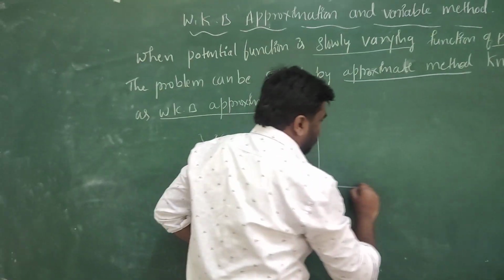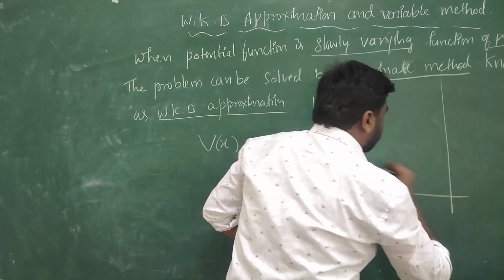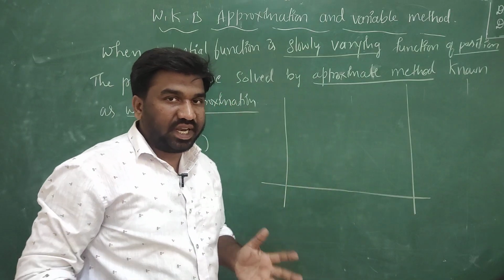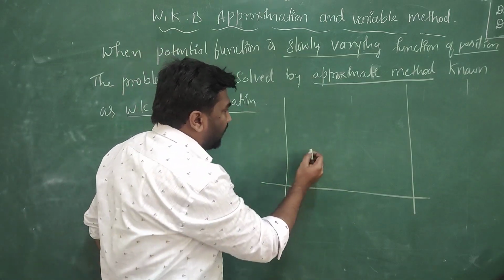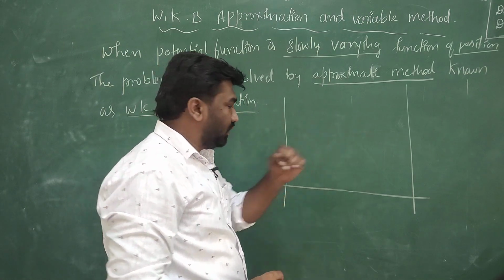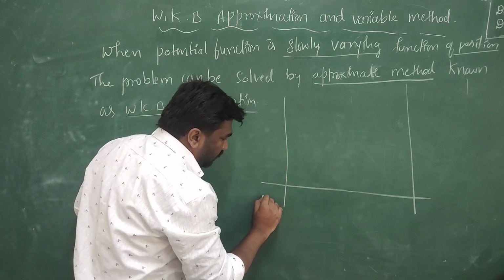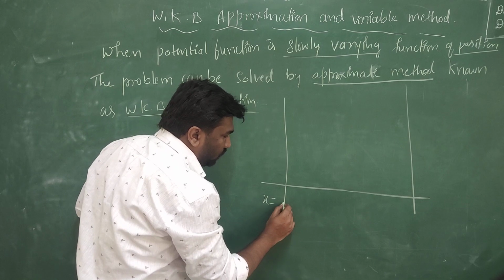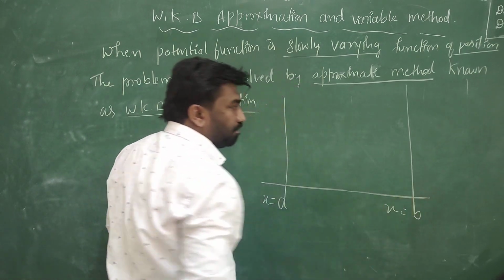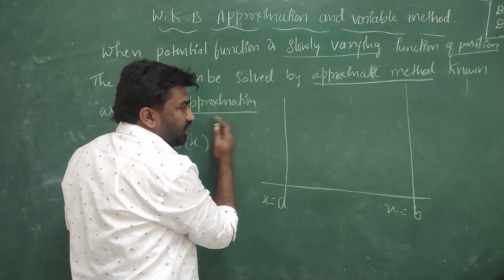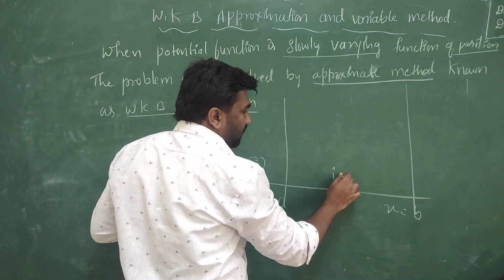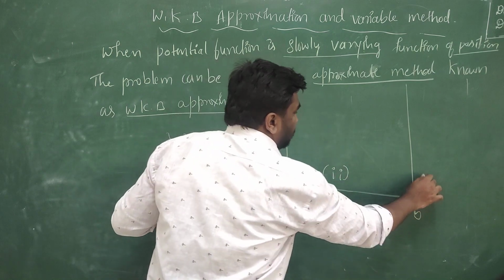For example, let us consider two turning points, a bound state. The particle is somewhere in this bound state. Let us consider this is the position x equal to A and this is the position x equal to B. This is region 1, this is region 2 and this is region 3.